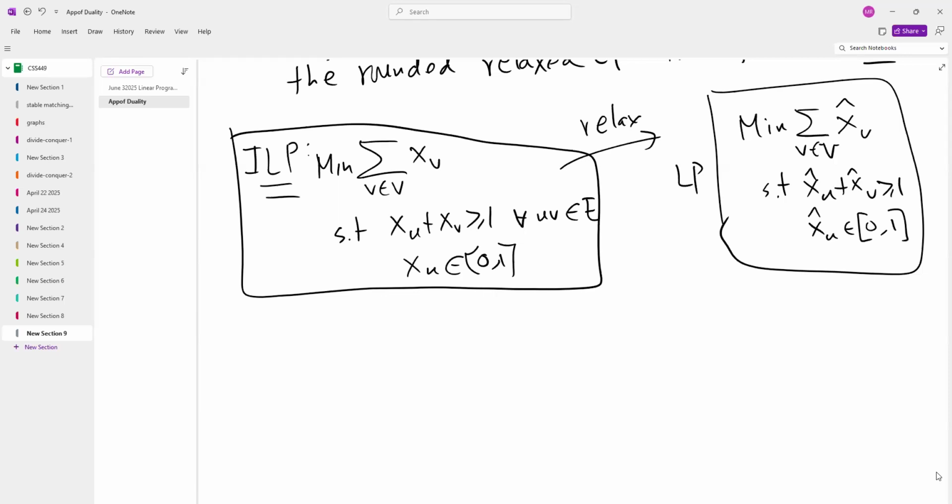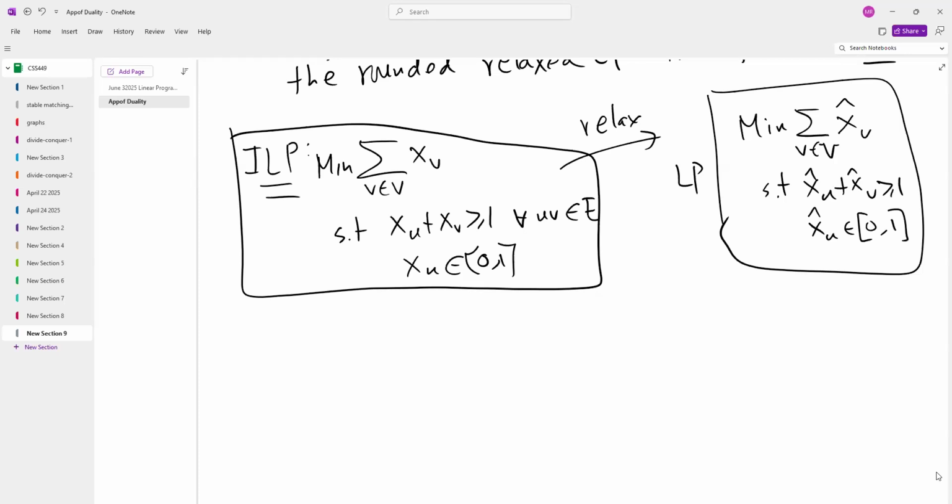So now I want to think about, if I solve this ILP, I get a solution which is minimum for this problem. And if I solve this LP, I also solve the minimization problem and I get a minimum value. And now my question is, which of these is smaller?